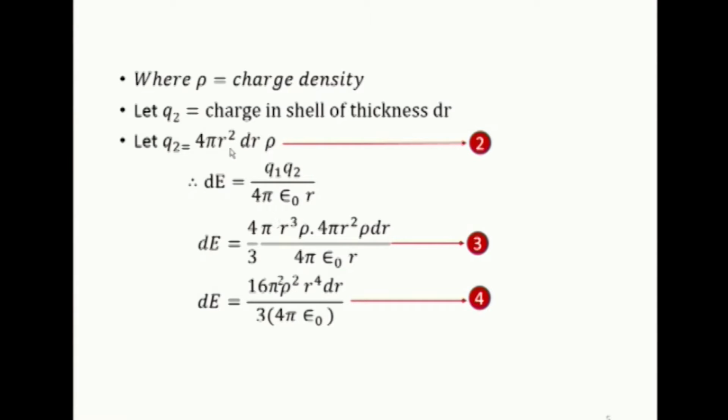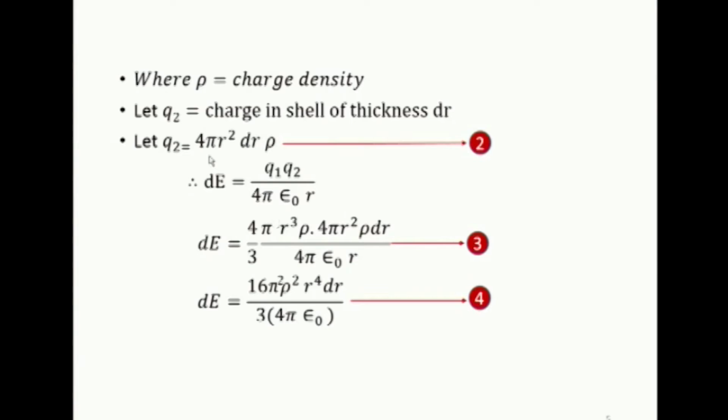Therefore, Q2 will be 4 pi r squared rho dr. Now, what is the Coulomb energy in adding this small shell dr onto the small sphere of radius r? It is like two charges, Q1 and Q2. So, Q1 Q2 by 4 pi epsilon 0 r.